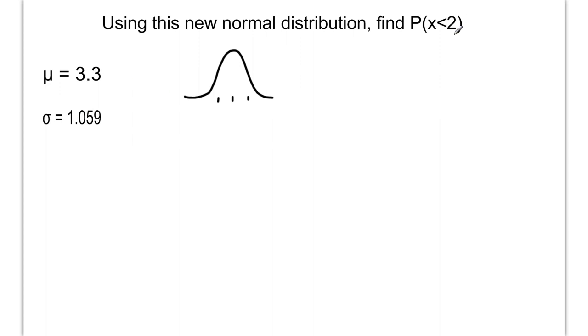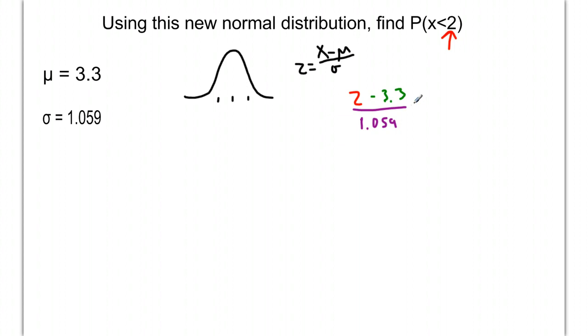And the first thing I want to do is translate this 2 right here into a z-score so I can plot it on my standard normal curve. So I'm going to take 2, subtract the mean, 3.3, and divide it by the standard deviation of 1.059. And just to refresh your memory, that came from the formula for a z-score, where z is equal to x minus mu divided by sigma, the standard deviation.